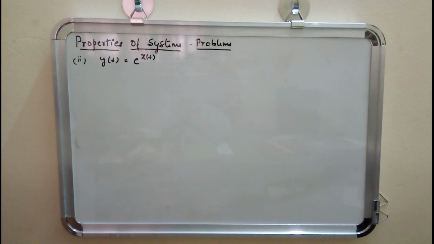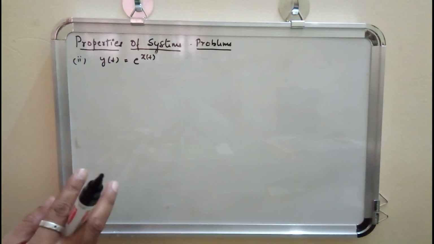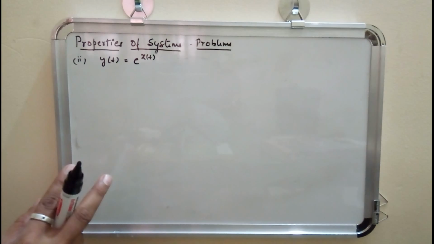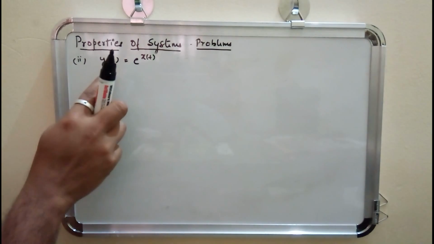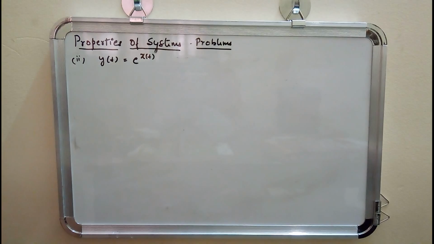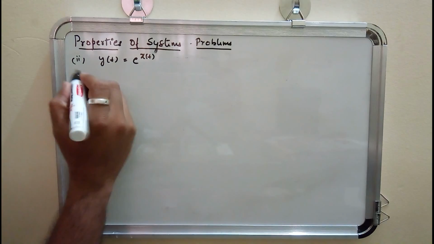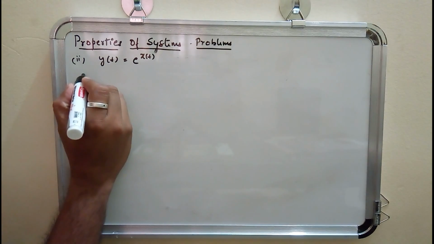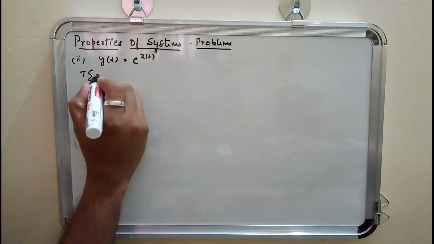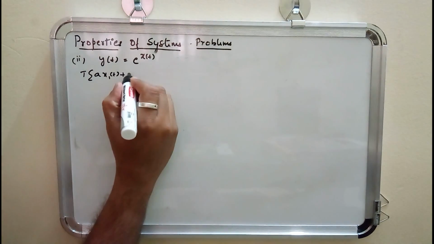Now the second problem, I've taken a continuous time signal in which the input and output relationship is given by y of t is equal to e power x of t, where x of t is the input and y of t is the output. Now to check the linearity property, my input should be a weighted sum of one or more signals.